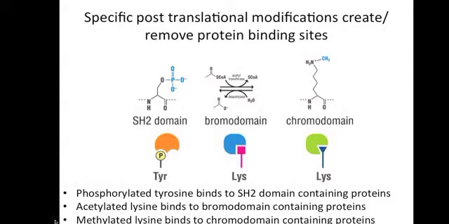It will then tend to bind to a protein that contains a functional region called a bromodomain. Bromodomains bind to acetylated lysines. Don't worry, we'll get further into this. Methylated lysines bind to chromodomain containing proteins. Why are these called weird things like chromodomains and bromodomains? Well, because someone said that was a good idea.